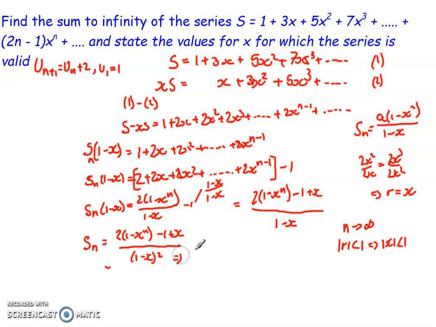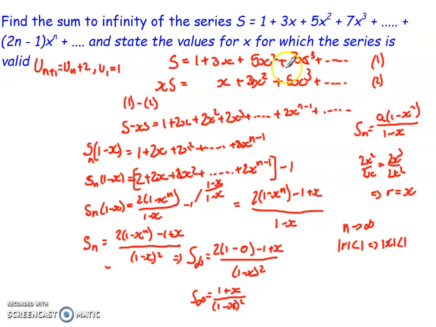So what that means is that s infinity, my sum as it tends towards an infinite number of terms, is equal to 2 bracket 1 minus 0, take away 1 plus x, all over 1 minus x, all squared, which I can then simplify and write as s infinity equals 2, take away 1, so I've got 1 plus my x there, over 1 minus x, all squared.